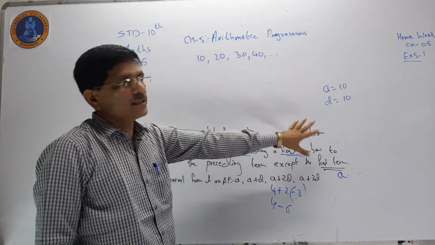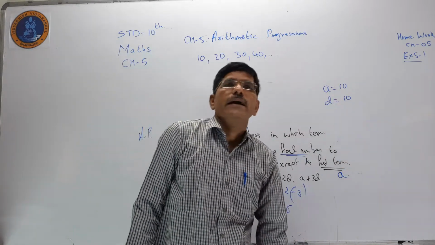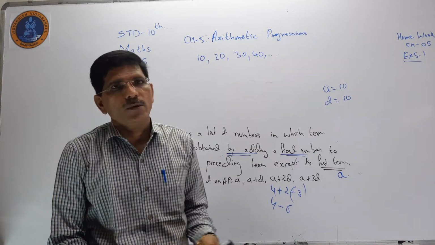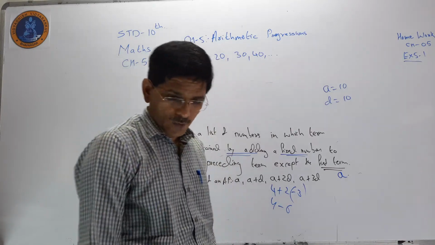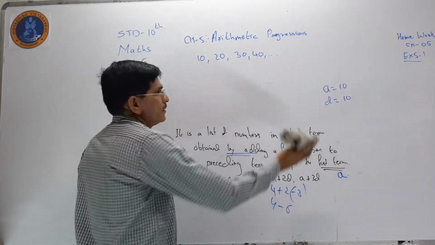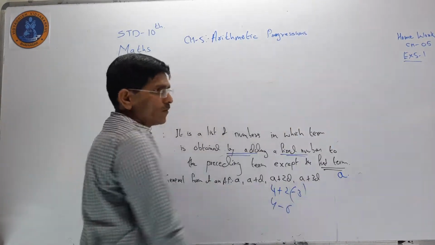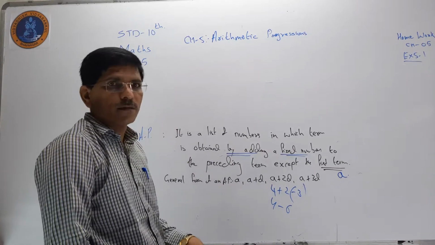If A and D are given, we can get the arithmetic progression, or the infinite arithmetic progression.